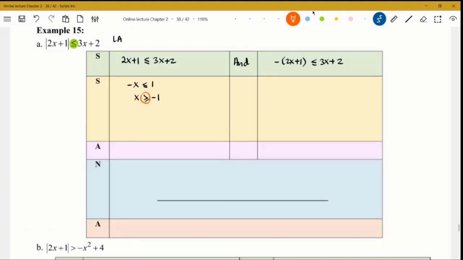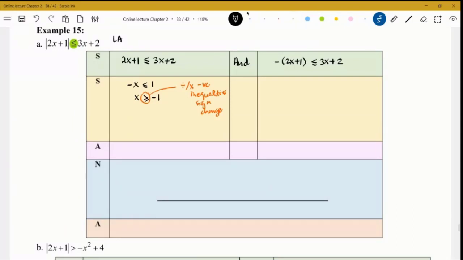Daripada less than dia jadi greater than equal. Darab negatif. Yes. So either you divide or times with negative number, sign akan bertukar. Inequalities sign change. Alright, so we have x greater than equal negative 1.